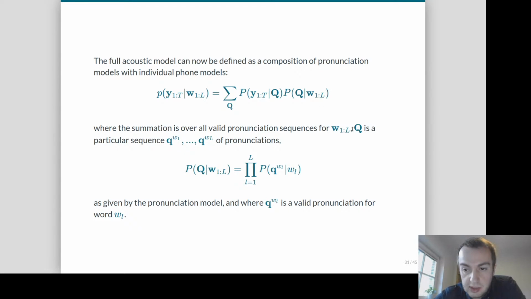So Q would be just a sequence over pronunciations of words, right? And so we would say that the first conditional, P of Q given W, is just the product of the conditional probability of each individual pronunciation in that sequence given the associated word.